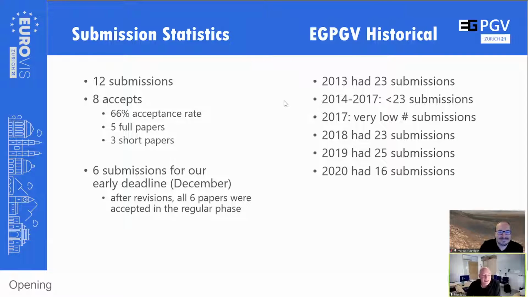You probably know that we have had a somewhat different review process in EGPGV for a few years now. We have not only one deadline, we have 2 deadlines: an early deadline in December and a regular deadline, which was in March, as far as I remember. The idea is to resemble a major revision review process. You can hand in an early submission, and if your paper is not accepted, or if you need a major revision, the paper is resubmitted or transitions to the regular deadline.